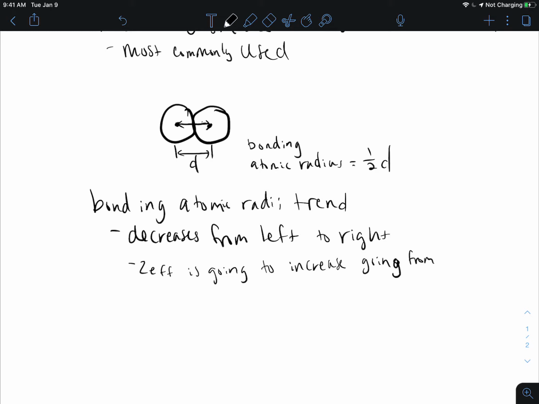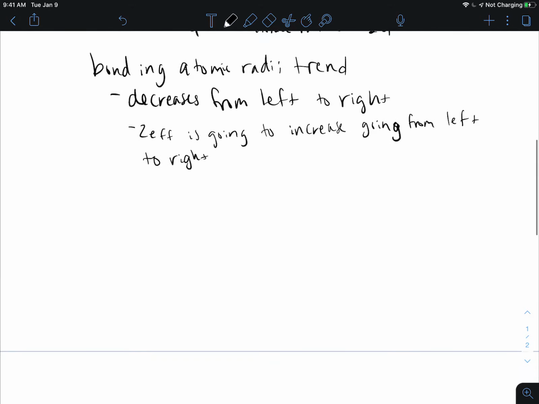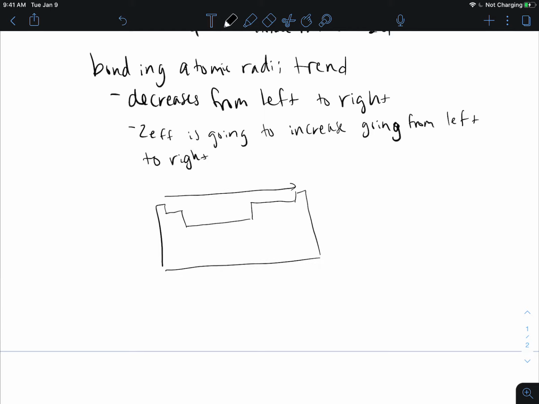As we go across the periodic table in this direction, our Z effective goes up.